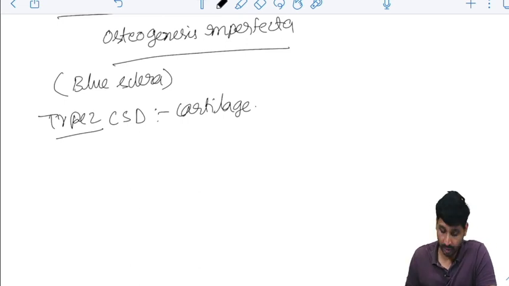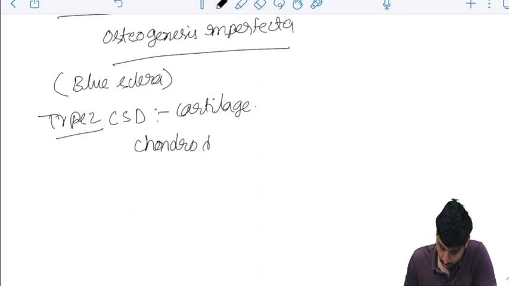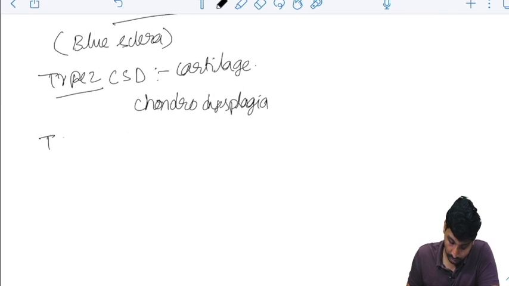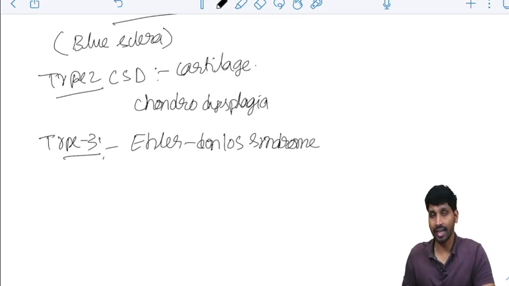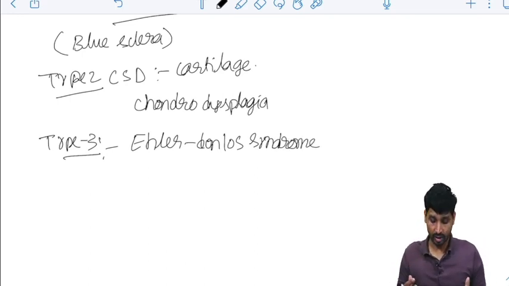So the condition here is chondrodysplasia. And the third one, that is type 3, Ehlers-Danlos syndrome. So what is the characteristic feature of this type 3 collagen synthesis disorder?